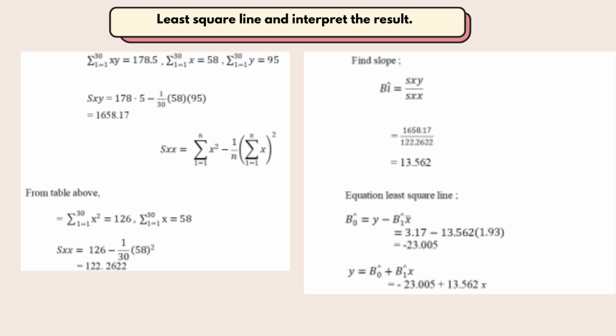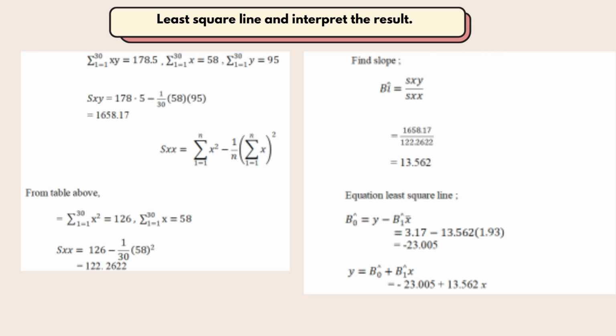From the table we have xy, 178.5, 858, y 95 and 13. So we calculate Sxy, we get 1658.17. Next, we need to find SSx.